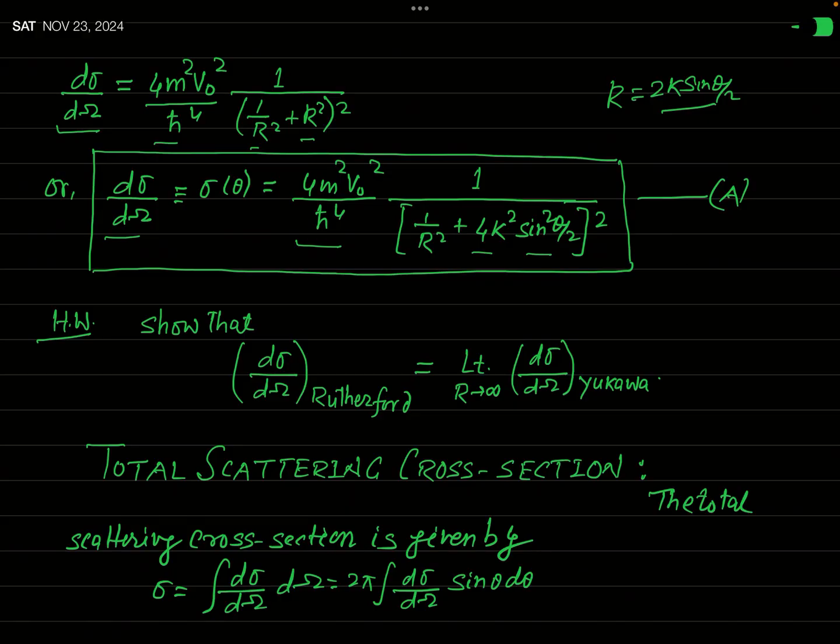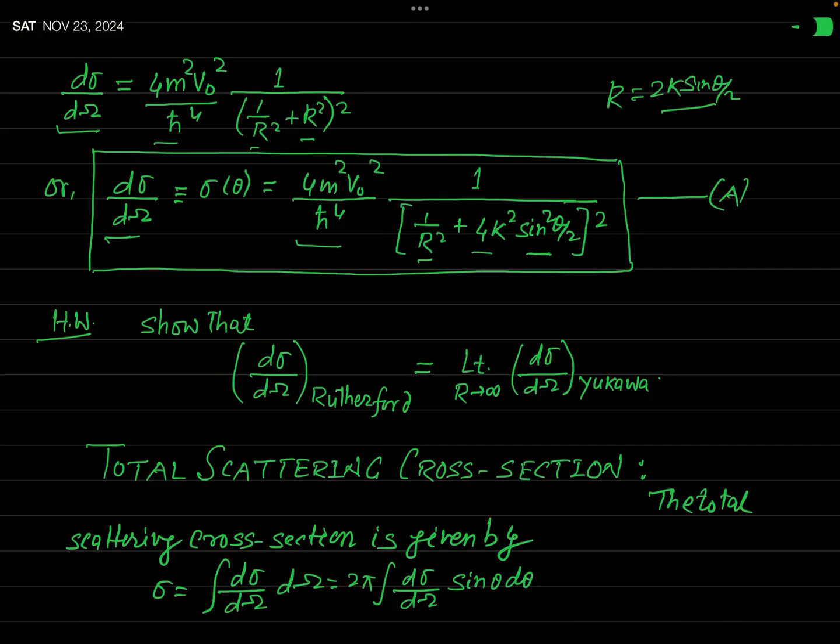So this is the expression for the differential scattering cross section. You can see its value depends on the constant R, the constant V naught, and most strongly on the scattering angle θ. With change in θ, this differential scattering cross section will change.